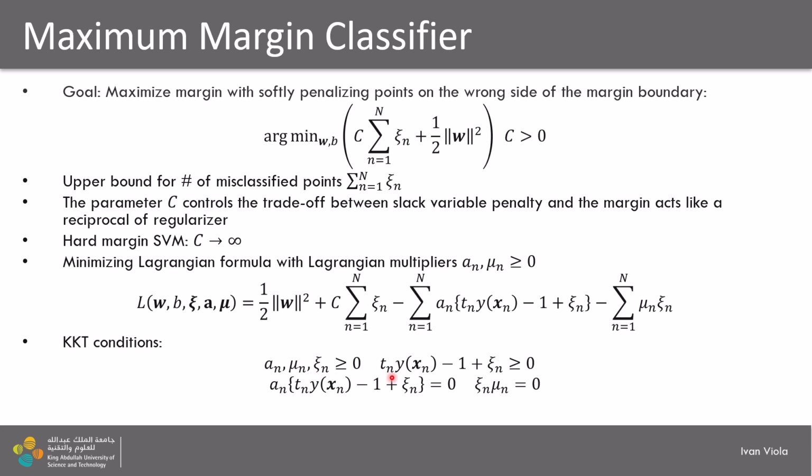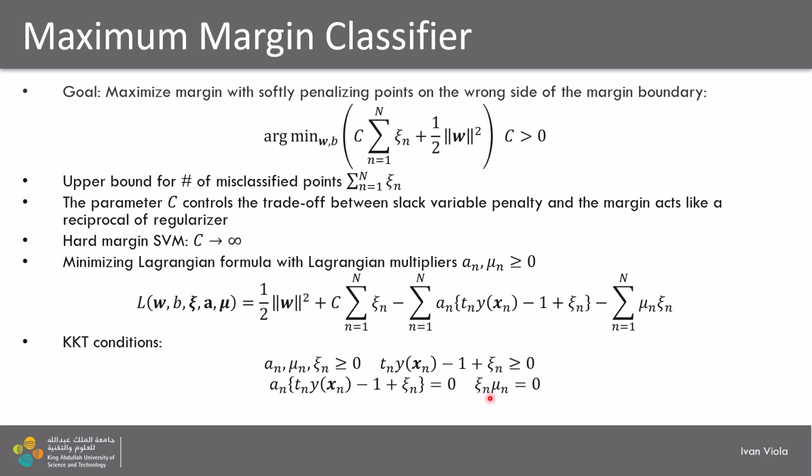Then we have the other constraint that tn y(xn) minus 1 plus psi n is bigger than or equal to 0.